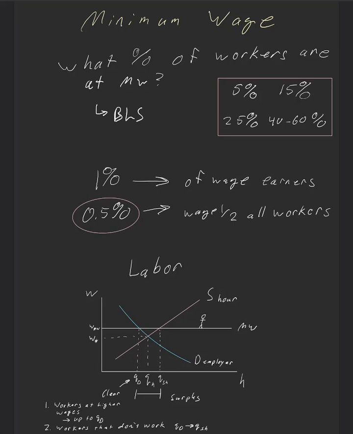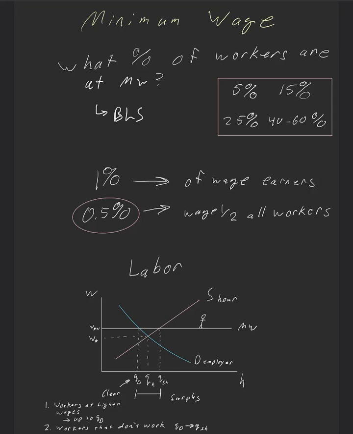So minimum wage is creating a trade-off where the people that keep their jobs get paid higher, and the people that don't get jobs are unemployed. There's also a certain amount of people between the quantity demanded and the equilibrium quantity, QH, in that first scenario, that were employed at a lower wage but now are unemployed. So we're transferring all the gains between QD and QH to QD in the form of higher wages.